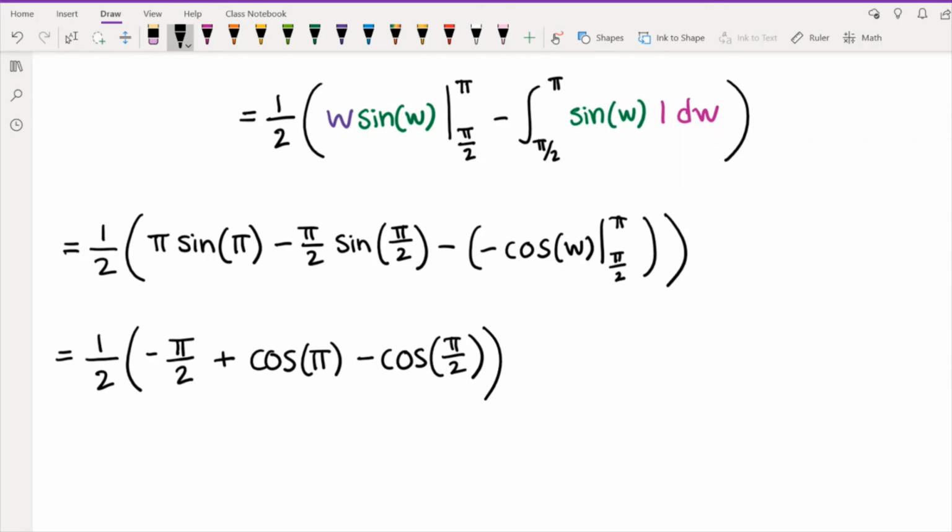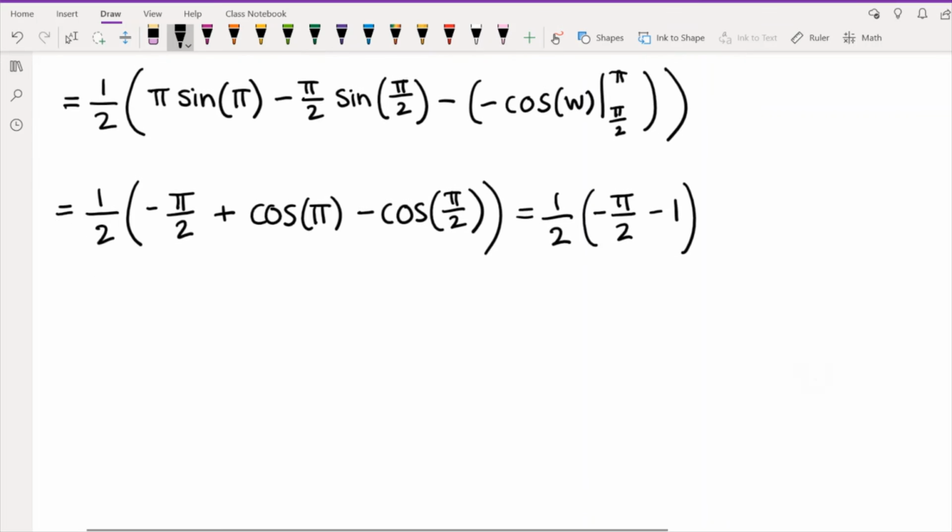And I believe that's it, right? Yeah. So then we have 1/2 times negative pi over 2. And then cosine of pi is the x coordinate now, so that's negative 1. And then cosine of pi over 2, that's equal to 0, right? Because that's the x coordinate on an angle of pi over 2.